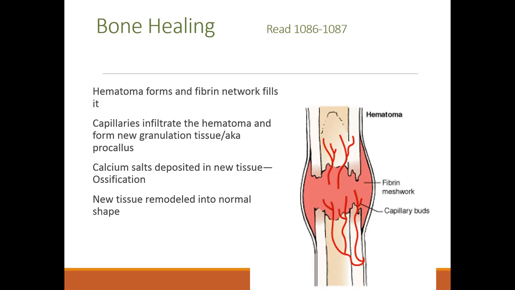they leak blood and fragments into that area, and what happens is it forms a blood clot, which we call a hematoma. But there's a purpose for that hematoma, and the purpose is to basically seal off that area and protect it, while it allows the inflammatory mediators to come in and do their job.